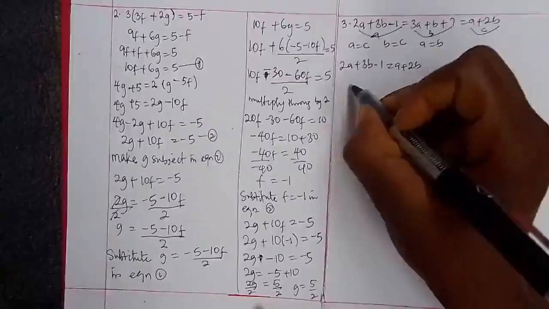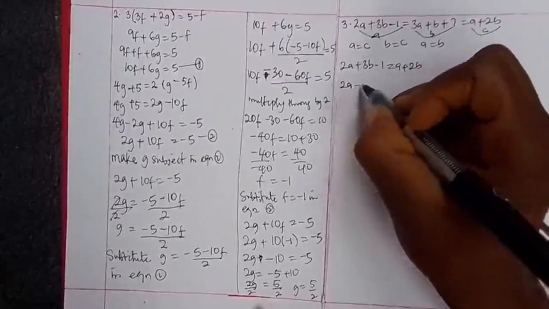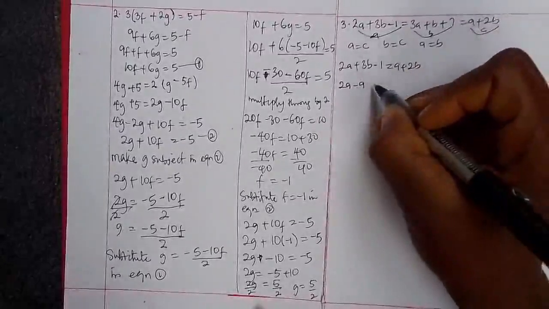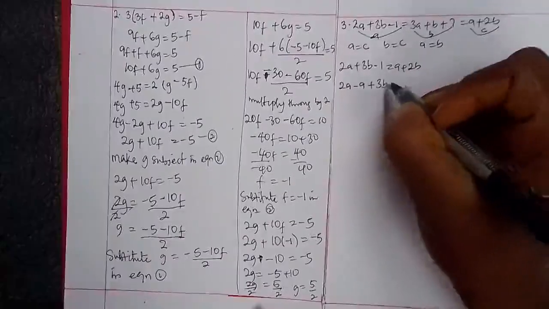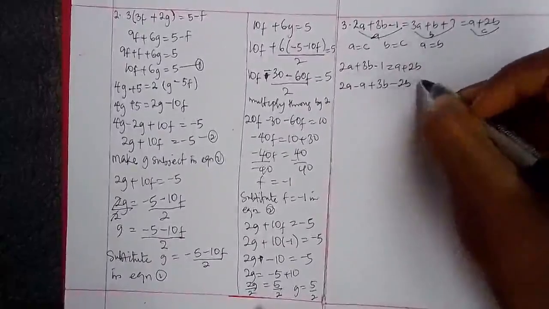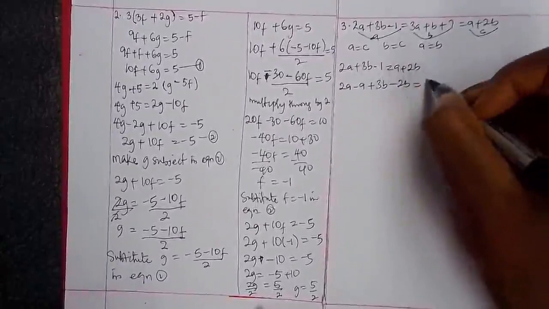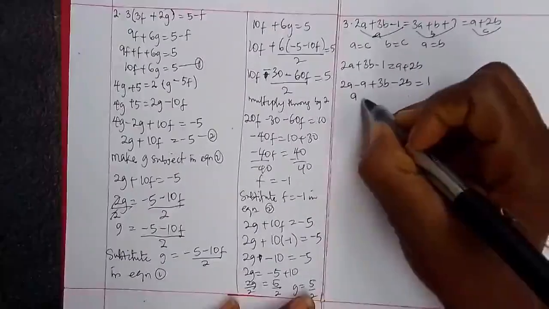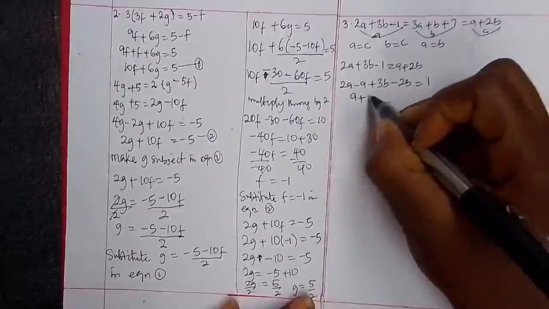So we have here 2a minus a plus 3b minus 2b is equal to minus 1 moves over, becomes 1. 2a minus a is a, plus 3b minus 2b is b, is equal to 1.